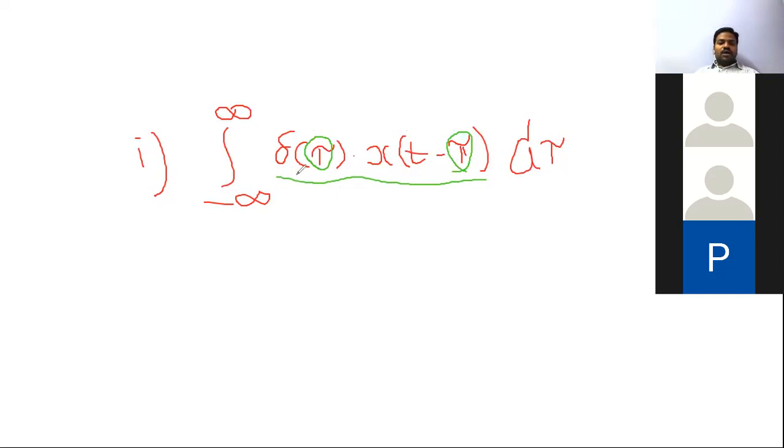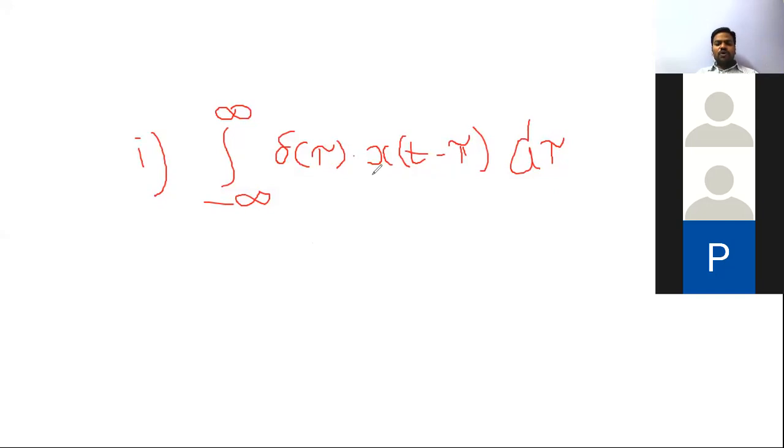Okay, and you are asked to evaluate the following problem. So how do you evaluate it? How do you proceed? Simple. First of all, try to remember the definitions of various signals we have studied so far. Here you don't have any information regarding x of t minus tau or the original signal x of t.